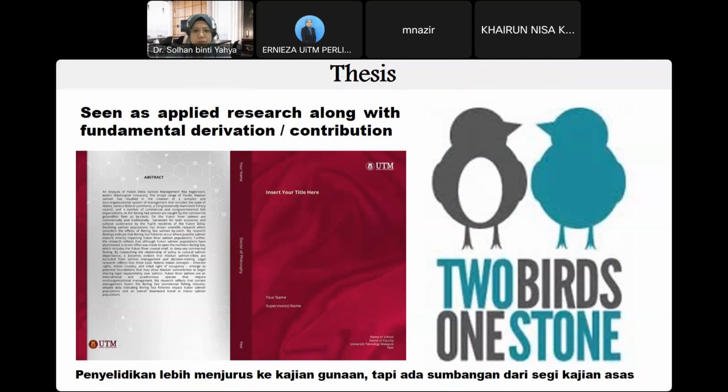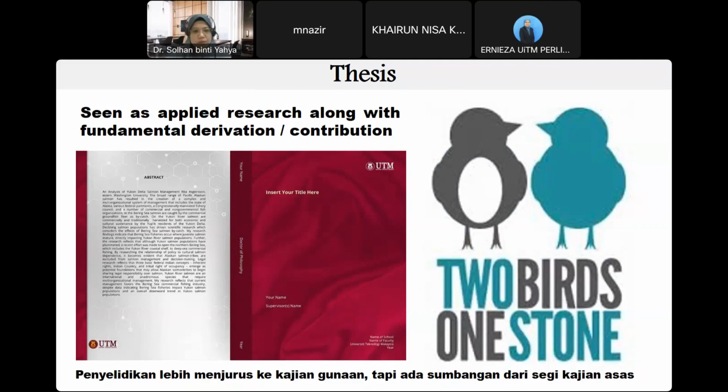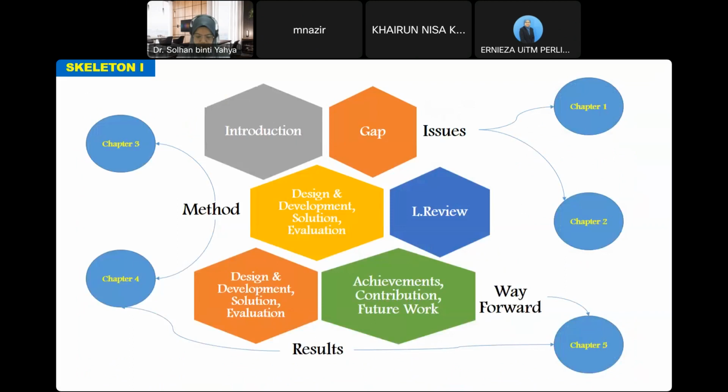It means that the thesis is seen as applied research along with a fundamental contribution. The thesis seems to lean towards applied research, but the fundamental contribution is always maintained and can be justified, so that the PhD or master merit is obvious.